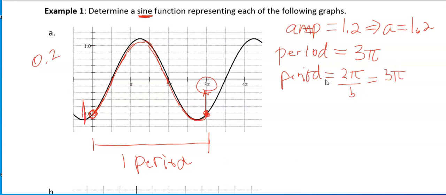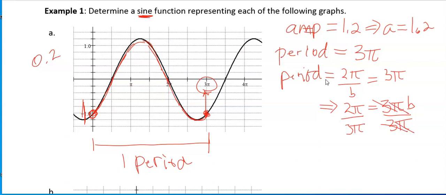Now you have to get the b by itself. You probably should cross multiply starting off. So you get 2 times pi equals 3 times pi times b. Okay, and now you divide both sides by 3 pi, like so.